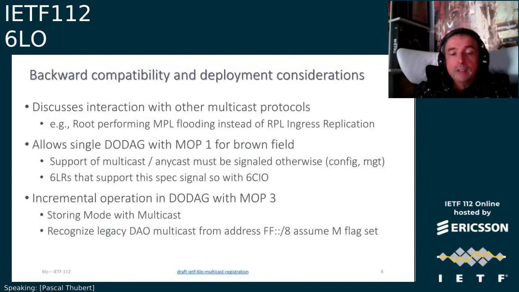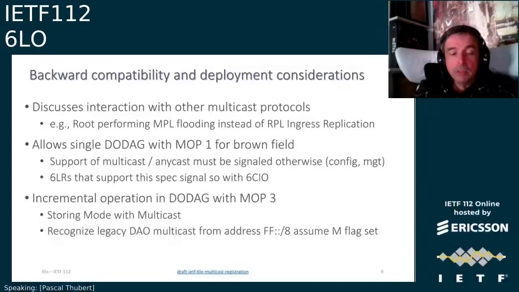There is also some text in case the 6LBR does not support it. We can still operate if the 6LBR does not support multicast, which is seen by the fact that when we register multiple multicast addresses, or the same anycast address multiple times, the 6LBR will say duplicate, duplicate, even though we signal it's anycast.